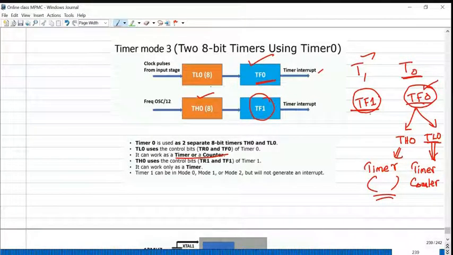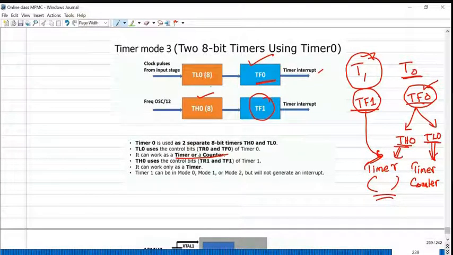Now the timer 1 overflow flag bit is not available for timer 1, because it is utilized by TH0. This type of operation is called split mode operation.